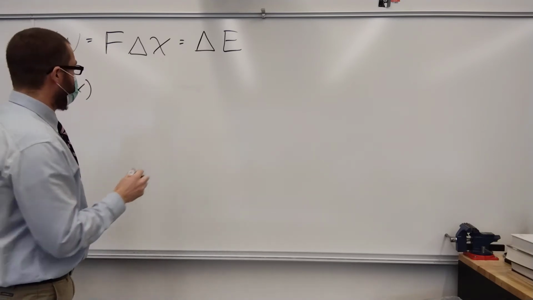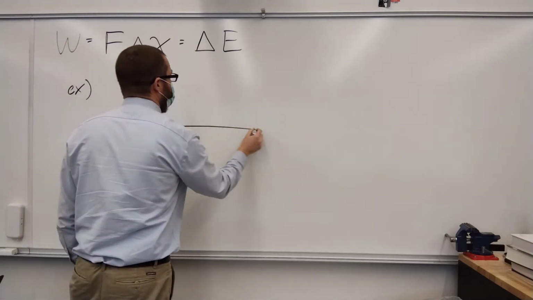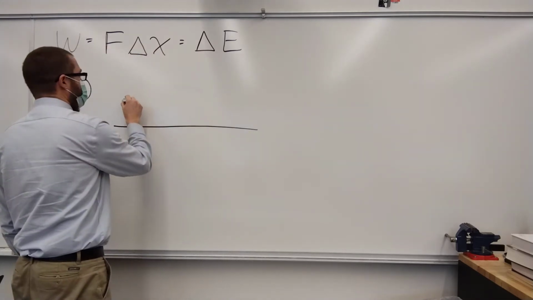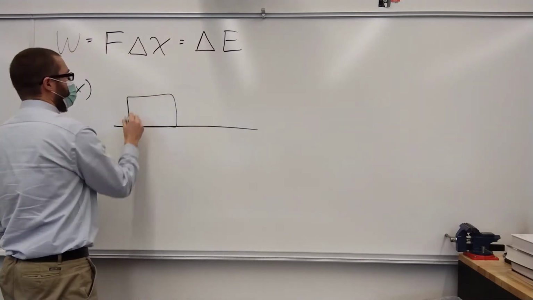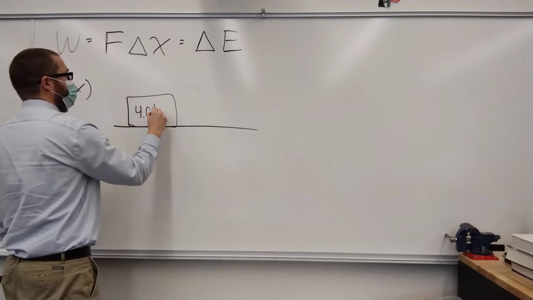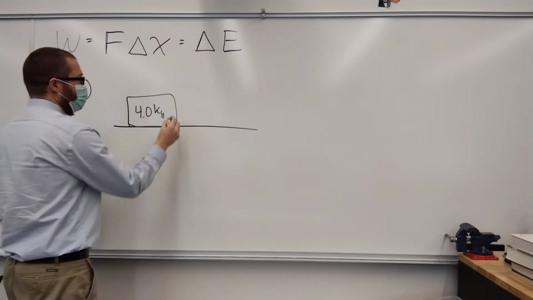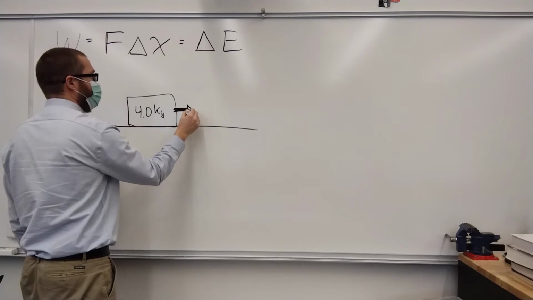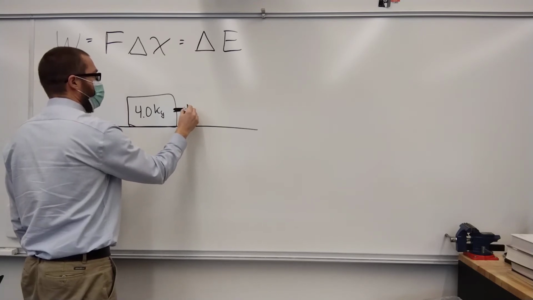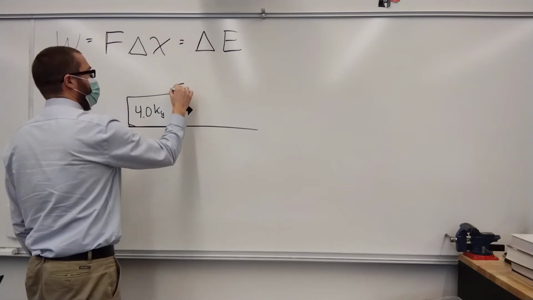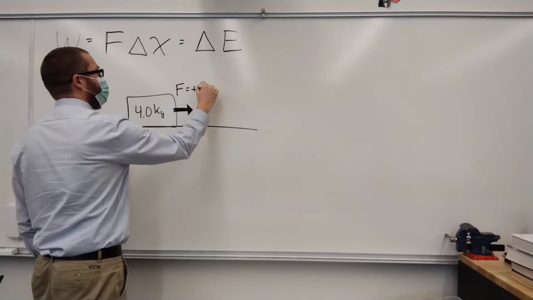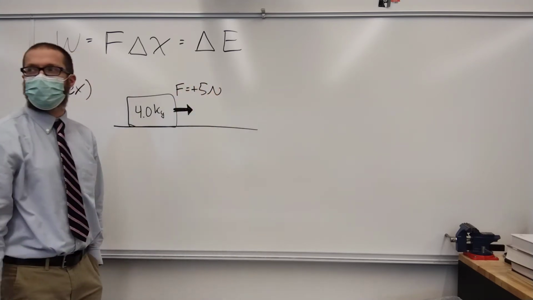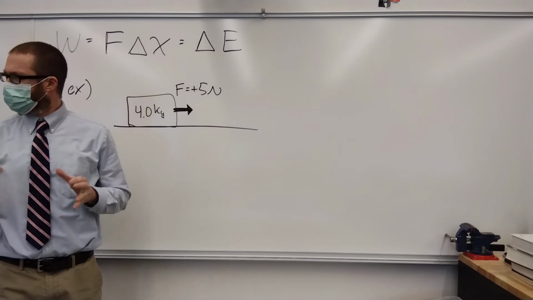Just a really quick example, like one of those first ones we did, where we have some block, let's say it has a mass of 4 kilograms. Let's say some force pushes it forward. A force of positive 5 newtons pushes this block forward, starting from rest.